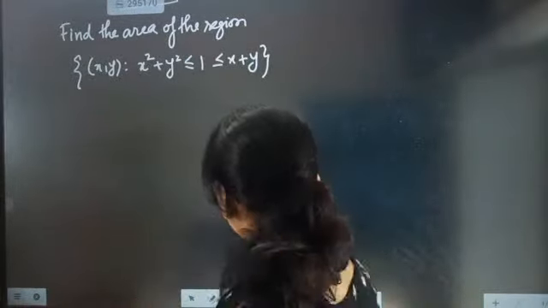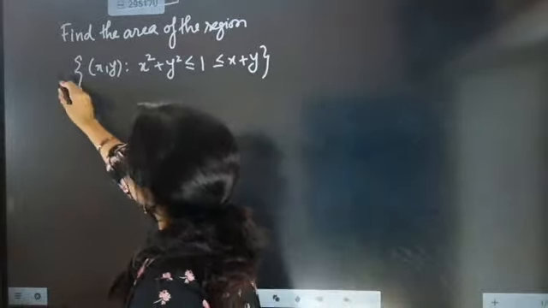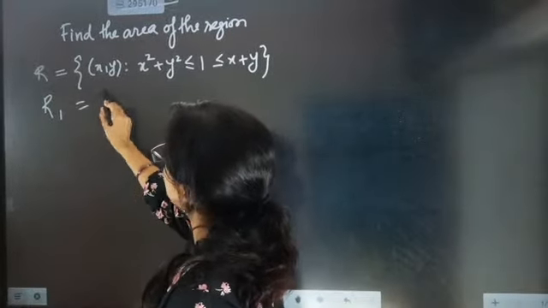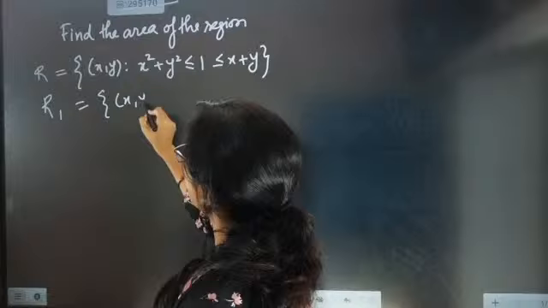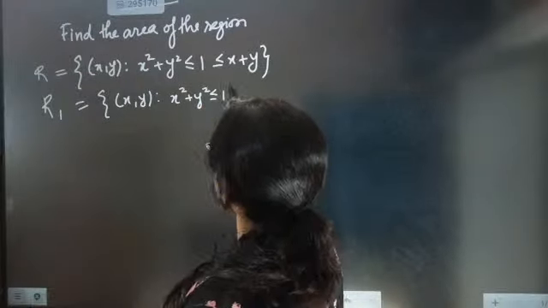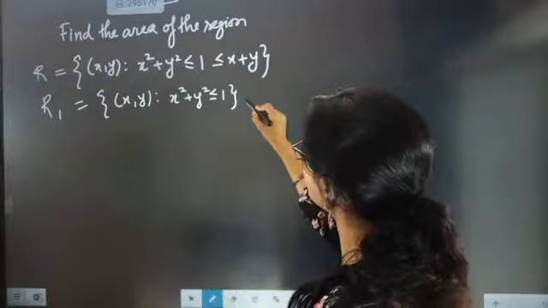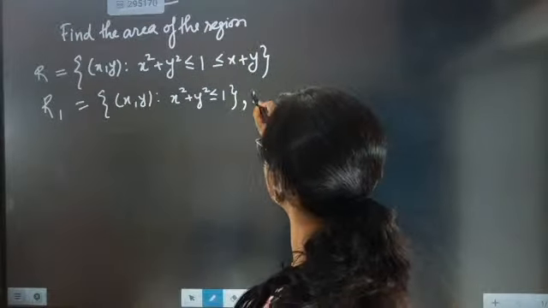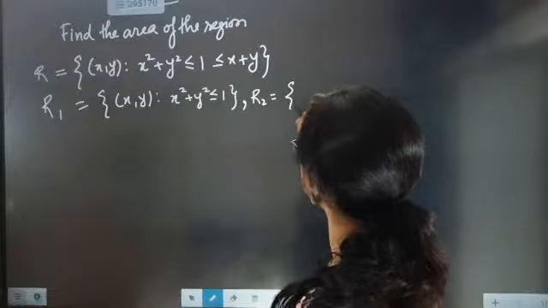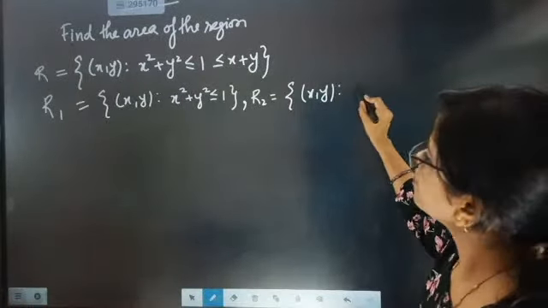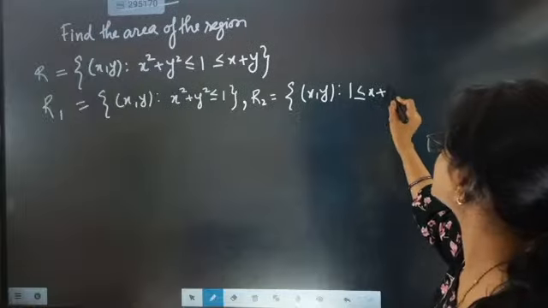So first work what we are going to do is, we will be writing, this will be considered as region R. So now region R1 we are going to take as x comma y such that x square plus y square is less than or equal to 1. And then intersection, now we will take R2 as x comma y such that 1 will be less than or equal to x plus y.